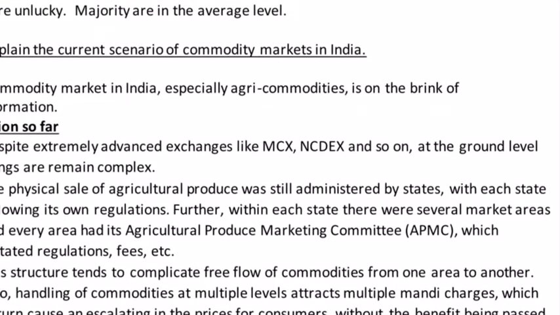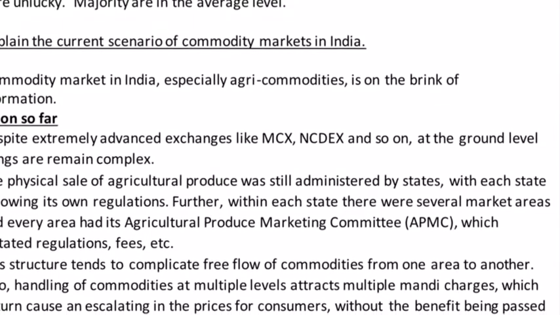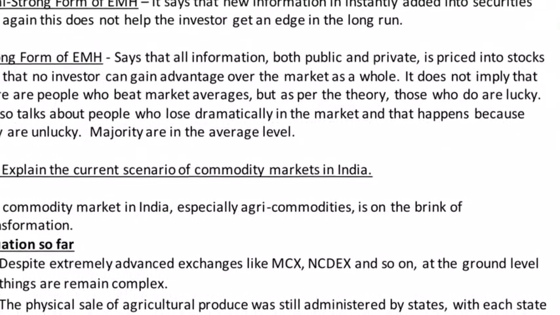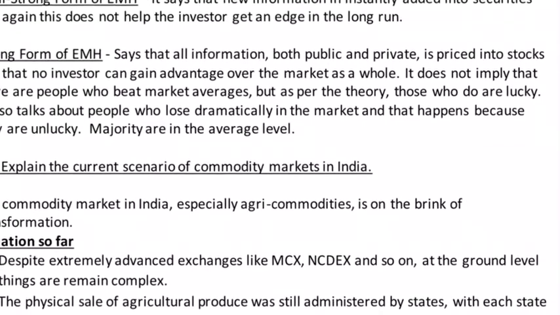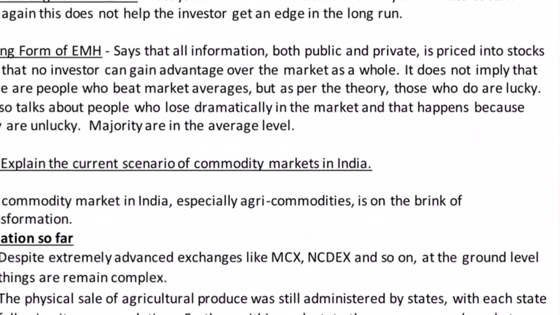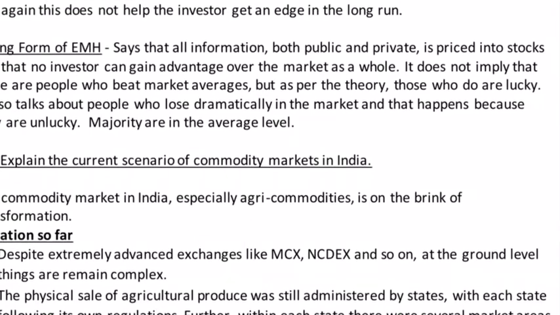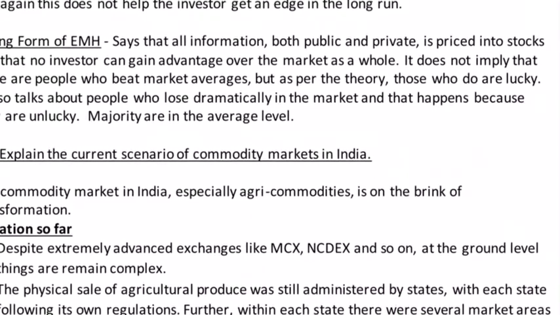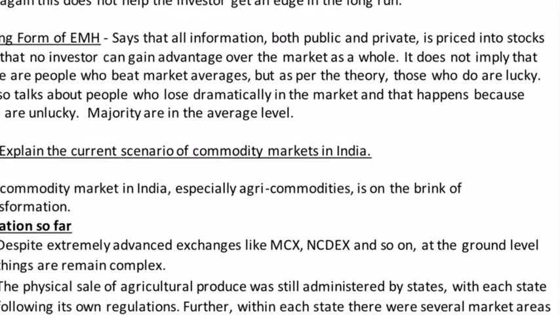Therefore, assuming this is true, no amount of analysis can give an investor an edge over other investors. Okay, because everybody has access to the same information, the same amount of information also. So nobody has an edge over the other.